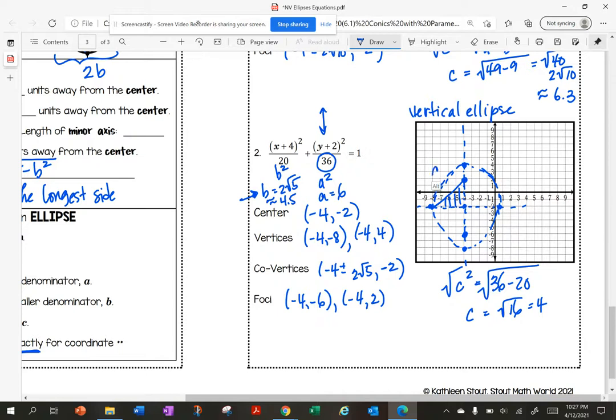I know a is always the longest side, b is to the co-vertex, and c is to the foci. I have 2 more examples.